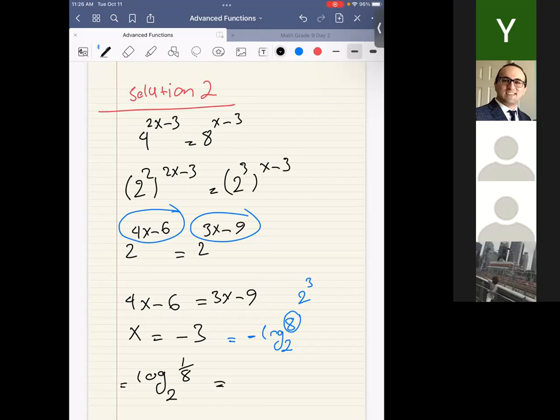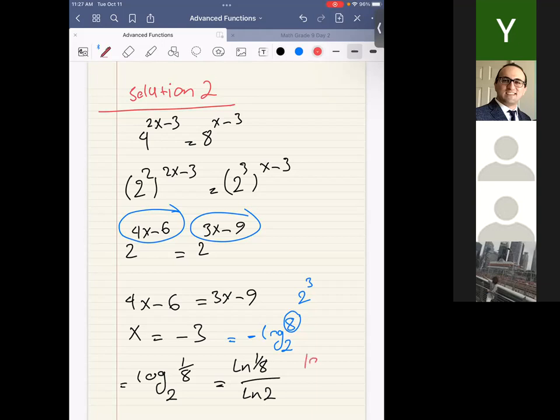When you have any logarithm, you can write it as ln of 1 over 8 over ln of 2. Remember, that is one of the properties of logarithms.